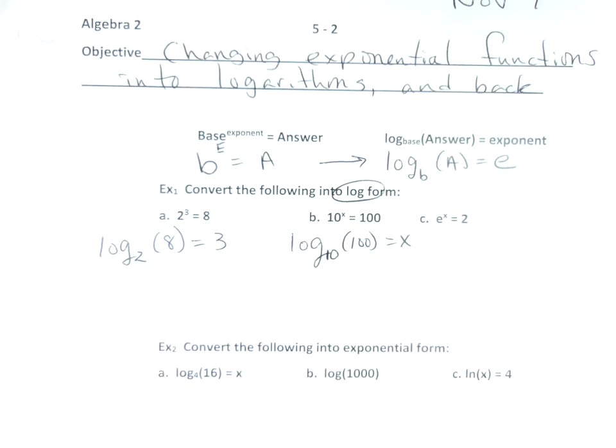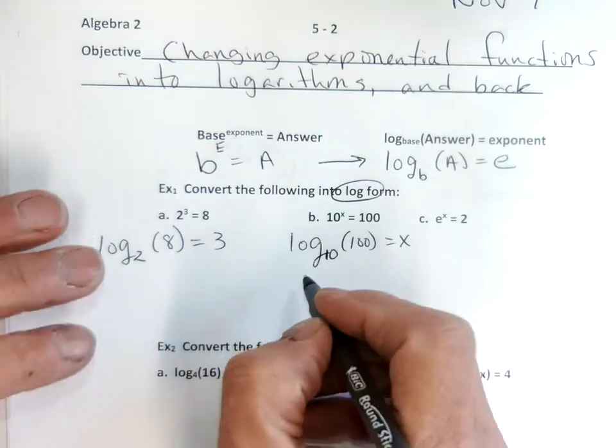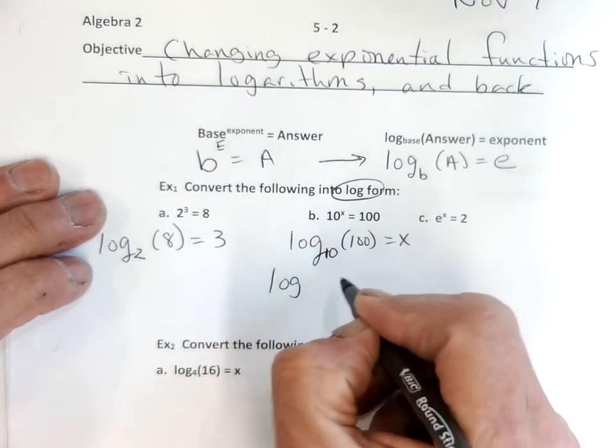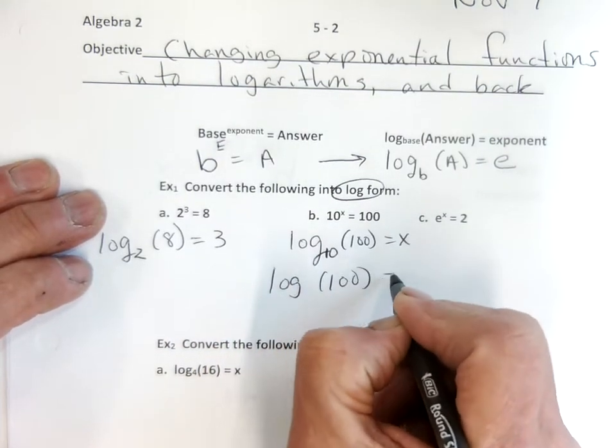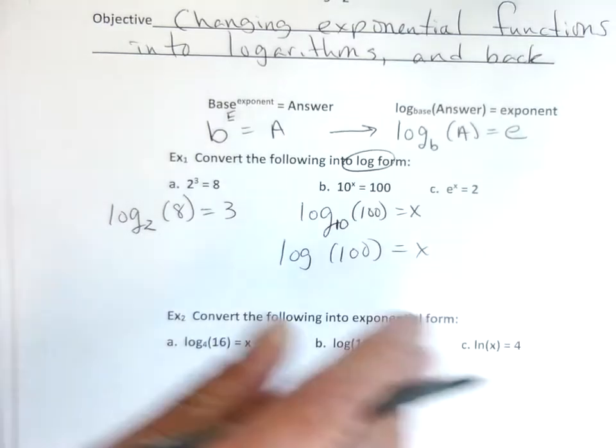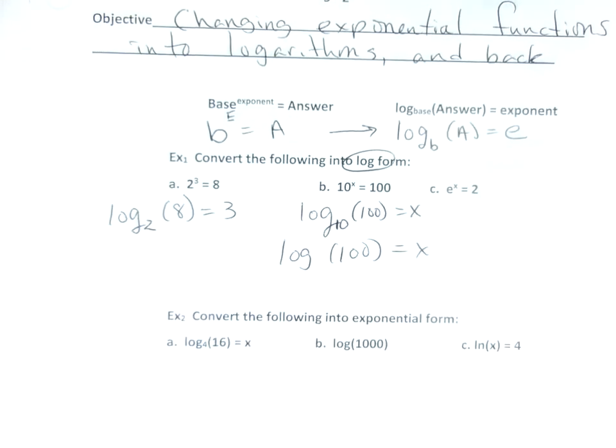So when you use just a regular calculator, it's base 10, because we live in base 10. So whenever I just say a log, I can write this as just log, plain old log. Log of 100 equals x, because if I don't write the base, what's the invisible base?